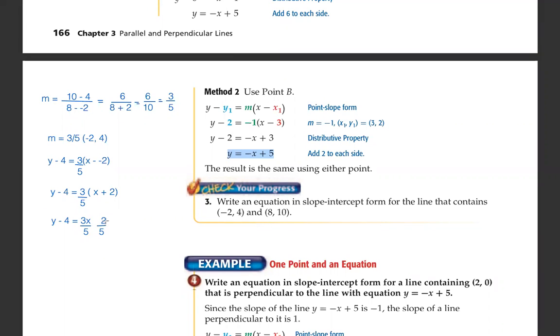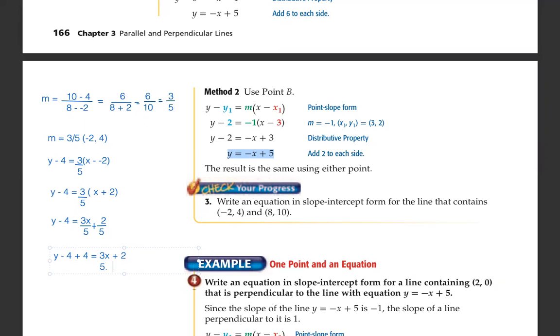Okay, next, we add 4 on both sides. So that becomes y minus 4 plus 4 equals 3x over 5 plus.